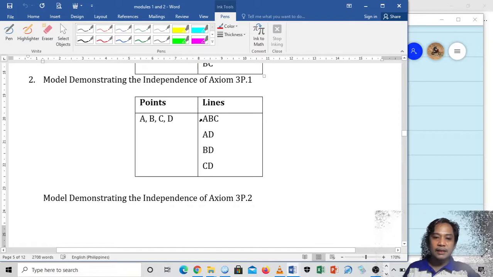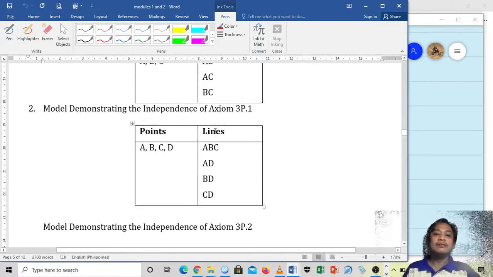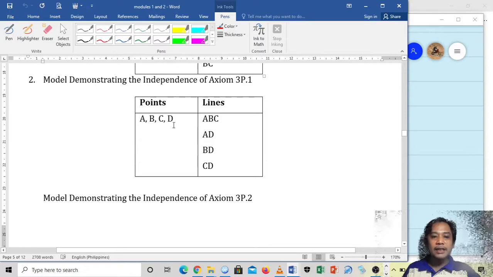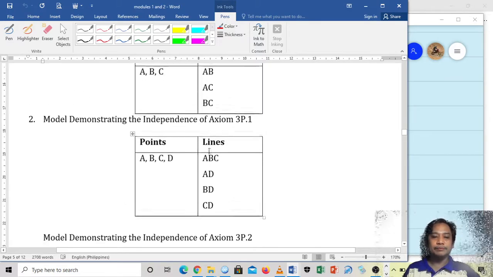AB is in ABC, AC is also in ABC, AD is in AD, BC is in ABC, BD is in BD, then CD is in the line CD, meaning each pair of points is contained in exactly one of the lines, meaning axiom 2 is true. Then, not all points are on the same line. There is no line containing A, B, C, and D in one line. Therefore, axiom 3 is true.